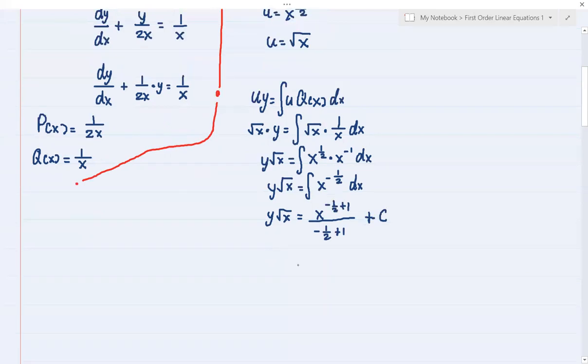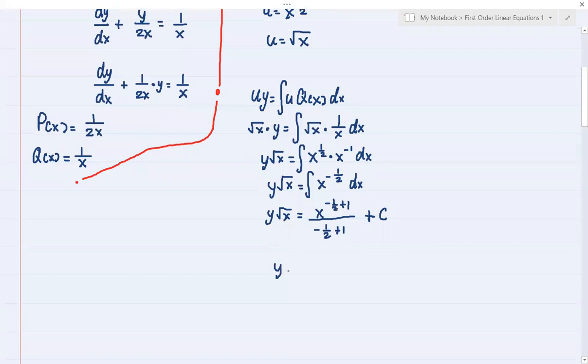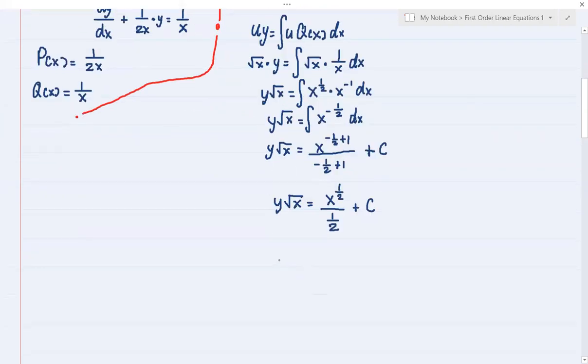So we will have y times square root of x is equal to x raised to 1 half all over 1 half, plus c. Here we will have y times square root of x is equal to 2x raised to 1 half plus c. Okay. So you can leave this as your final answer.